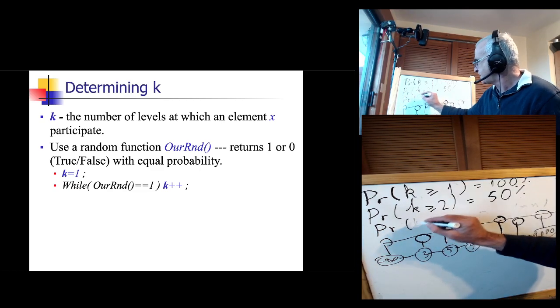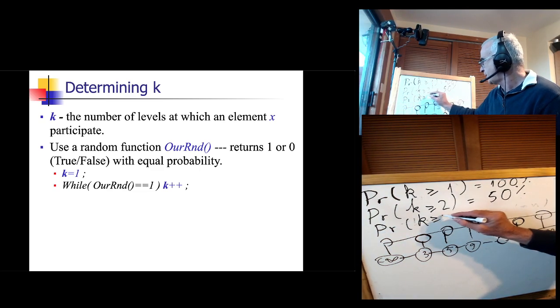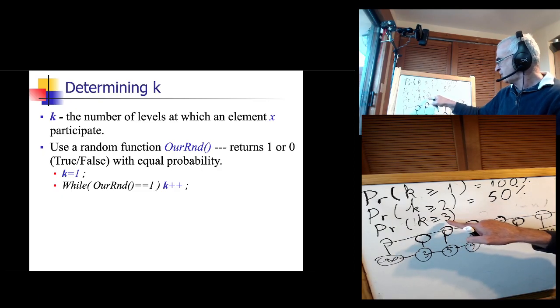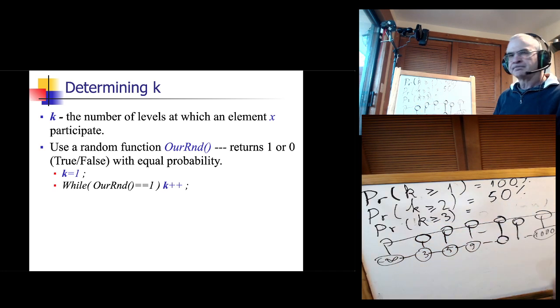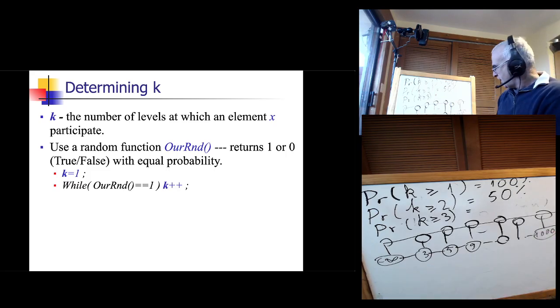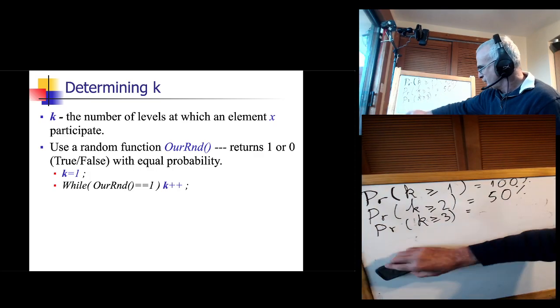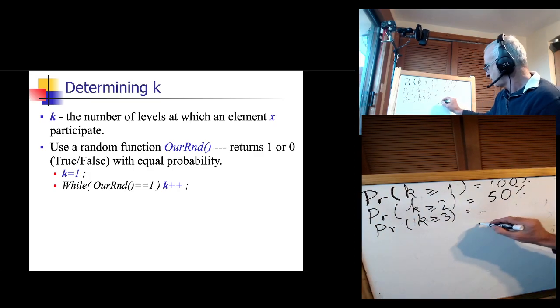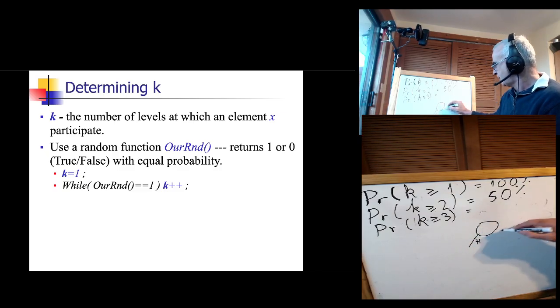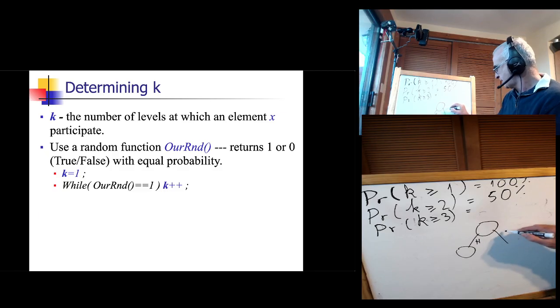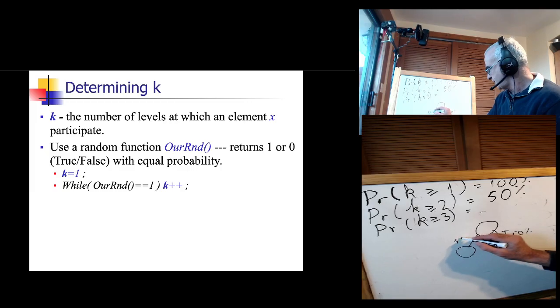But what are the chances that k is larger or equal than 3? Remember, I'm not asking about the chance that it's exactly 3. I'm asking what is the chance that an element will participate in level 3. What should happen? I toss the coin once, and I get, say, a head or a tail, with probability 50% and 50%.